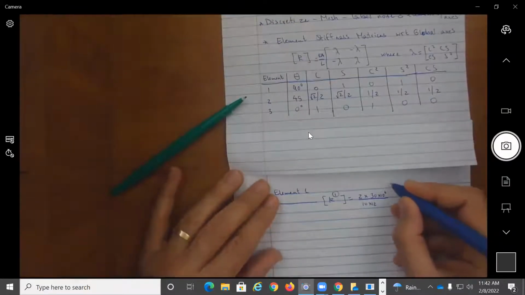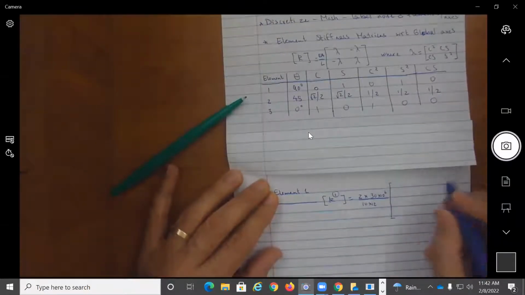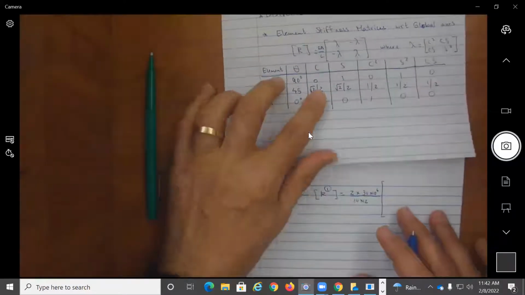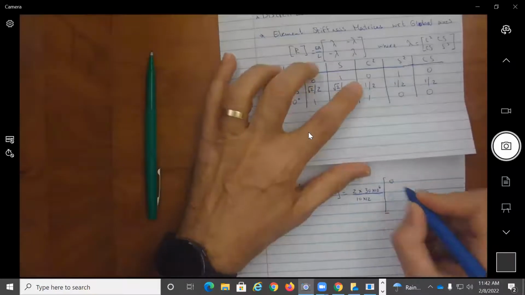Multiplied by, I have here the C squared is a 0.